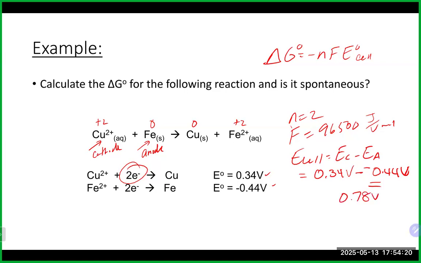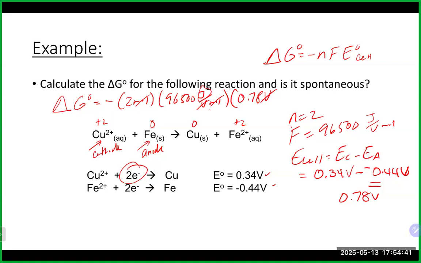I think that's everything we need. So going in, delta G is equal to minus our 2 moles, times 96,500 joules per volt per mole, times 0.78 volts. Volts cancel, moles cancel, leaving joules as the unit.